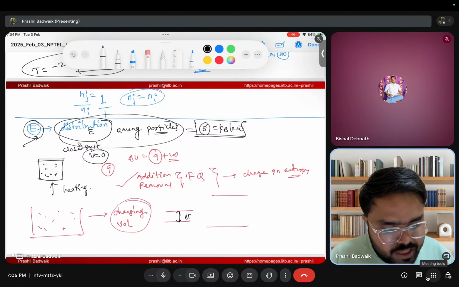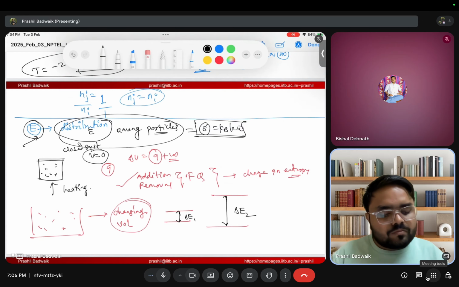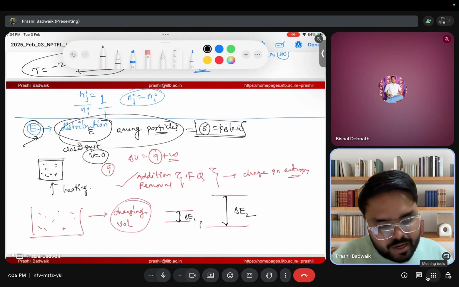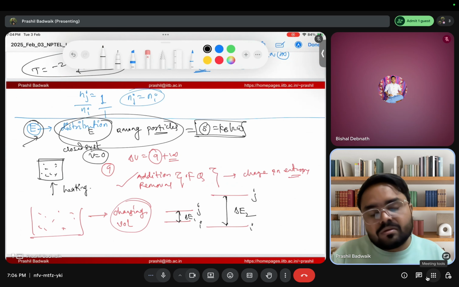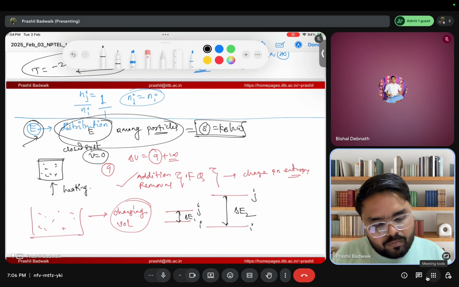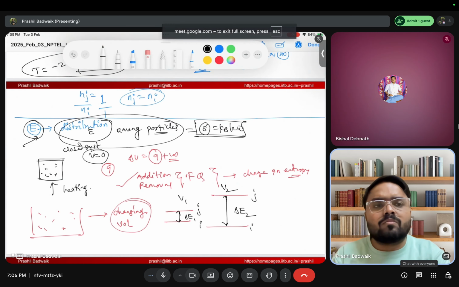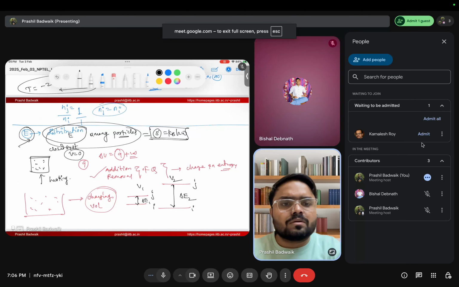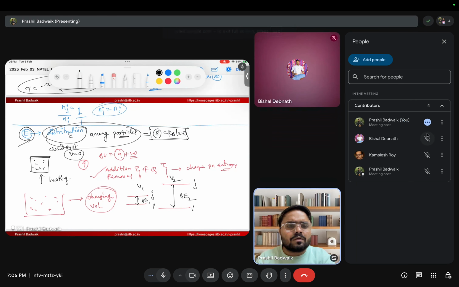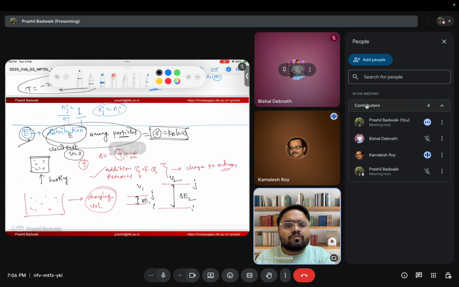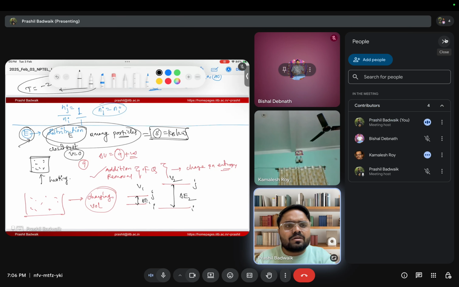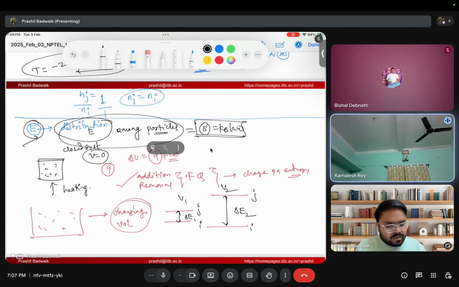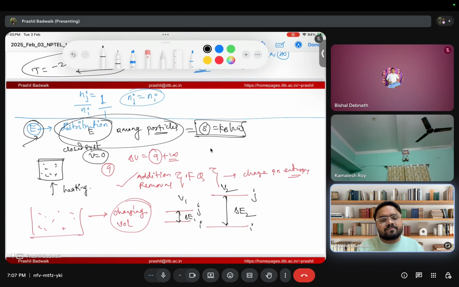So this is my delta E1, this is my delta E2. Correct? The difference between levels i and j when I am having a bigger volume V2 versus a smaller volume V1. Right. So whenever I'm having lesser volume and whenever I'm having bigger volume, what is happening?